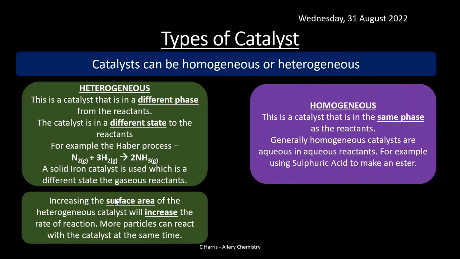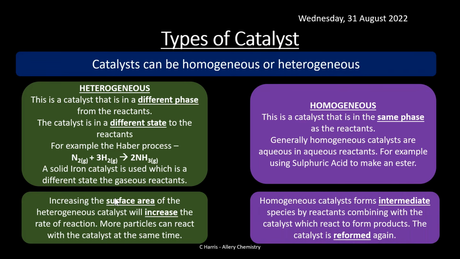Homogeneous catalysts are in the same phase as the reactants, and generally they are found in aqueous solutions. For example, if you've made esters in year one, you would have added sulfuric acid as a catalyst. Esters and sulfuric acid are all aqueous solutions, so they're all the same phase. So it's still a catalyst, but it's not a solid catalyst as we've seen with the Haber process.